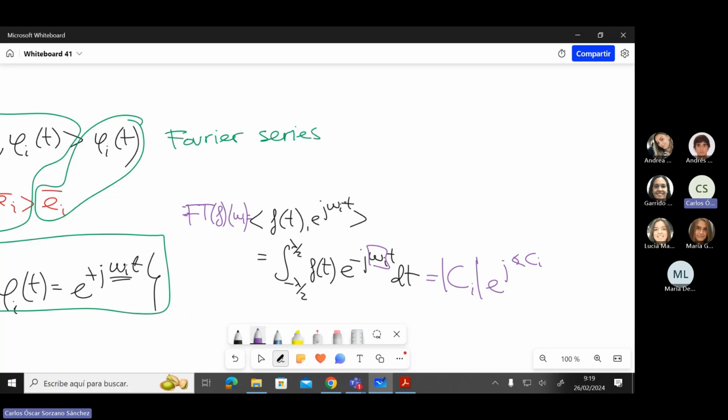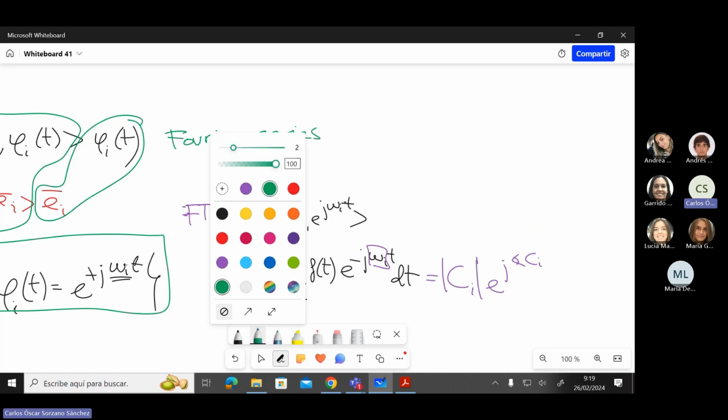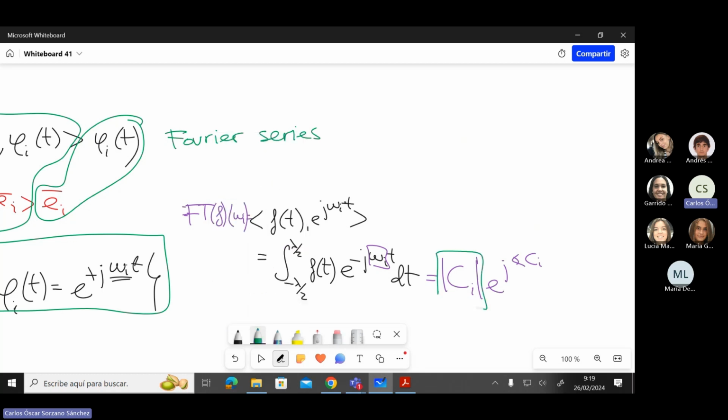Okay, so you have amplitude and phase. So in general, this Fourier transform will be a complex number. And if it is a complex number, it will have amplitude and phase.